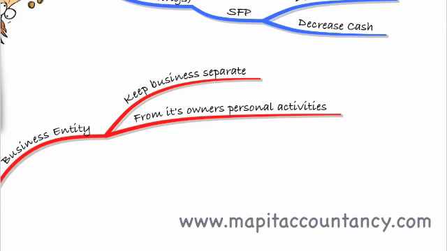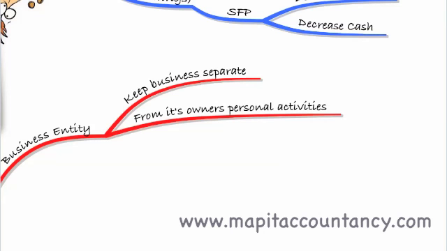So we're looking at sole trader financial statements here, and the business entity concept says that, even though the sole trader is a person, their personal expenses need to be kept separate from the business. If the owner, for example, paid personal expenses out of the business bank account, that would be counted as drawings, not an expense of the business.